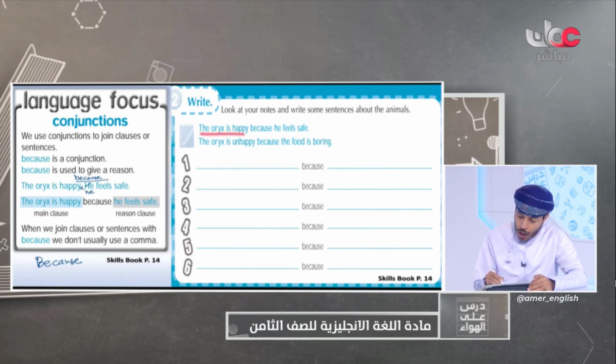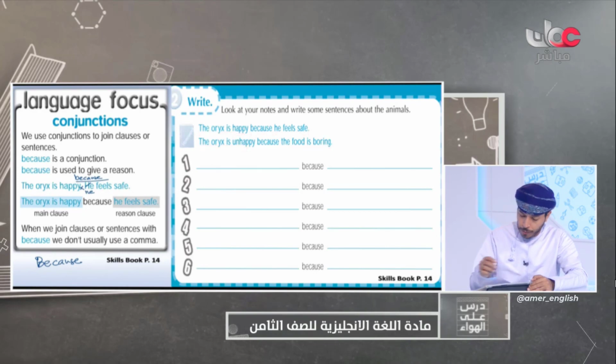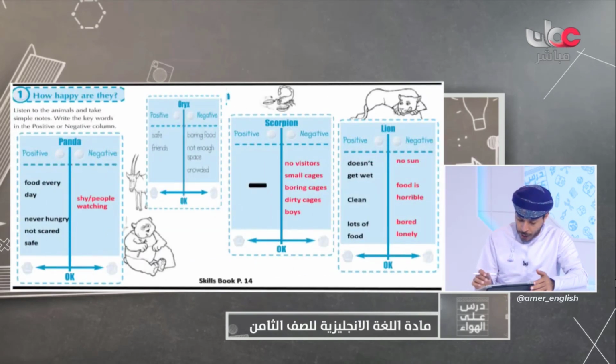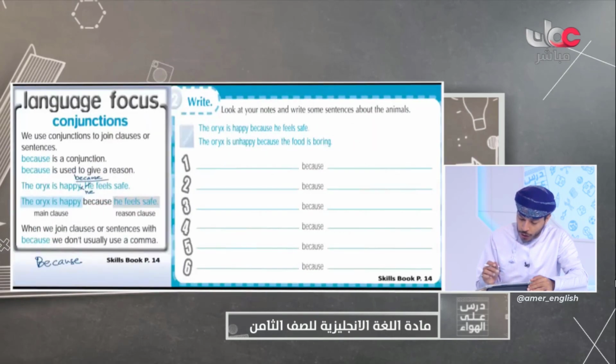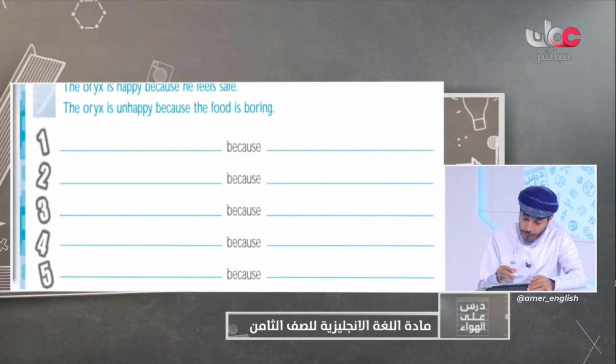Good? No comma. So here we can develop different sentences. The oryx is happy because he feels safe. The oryx is unhappy because the food is boring. Good? And we can say different sentences, for example, we will use a sentence from here, shy people watching the panda, and we can use it in this activity. Look at it.